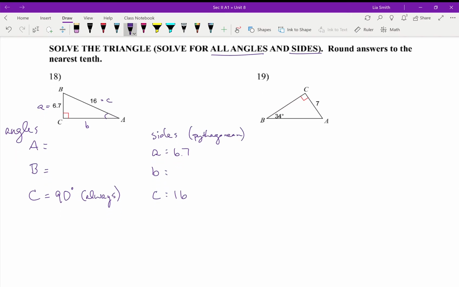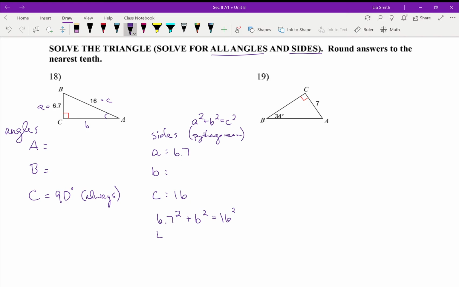So to find part b, little b, I can do 6.7 squared, because remember, Pythagorean theorem is a squared plus b squared equals c squared. So 6.7 squared plus b squared equals 16 squared. And I can solve that like I did at the beginning of the unit.